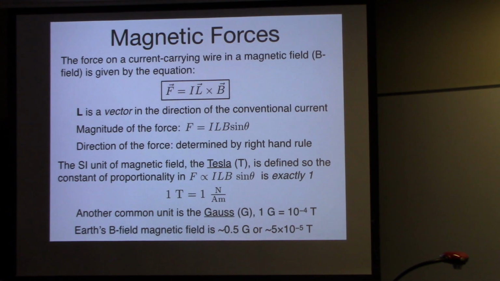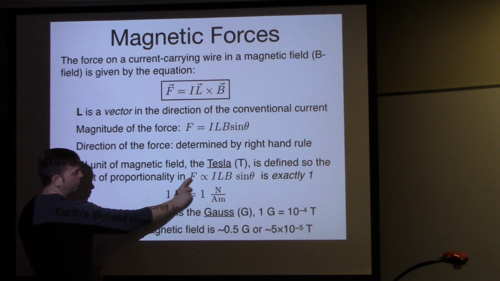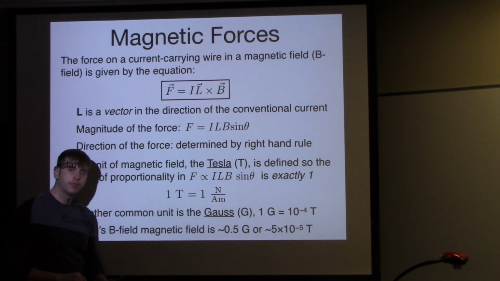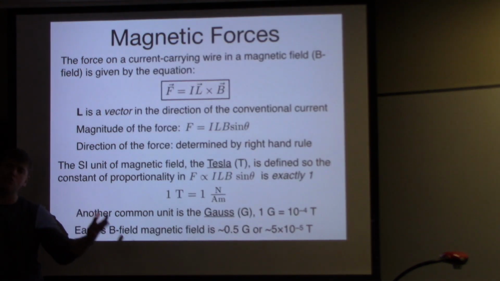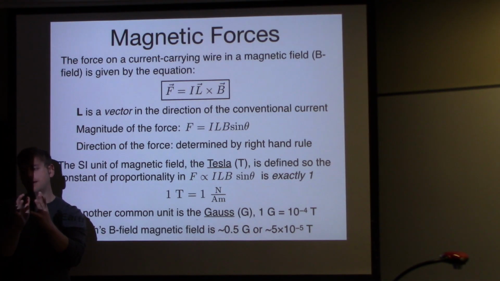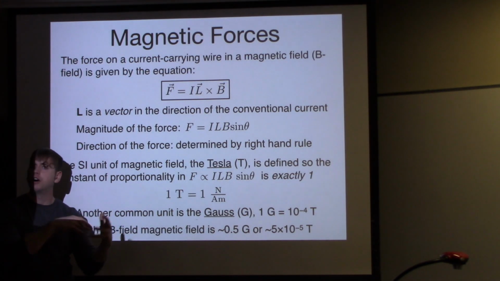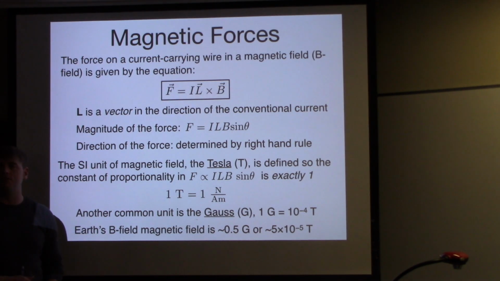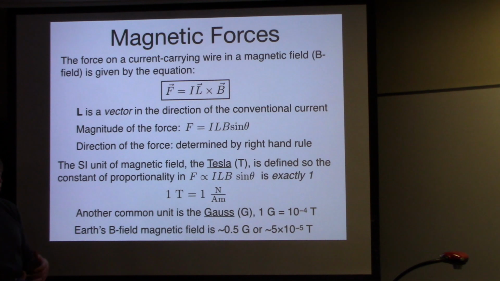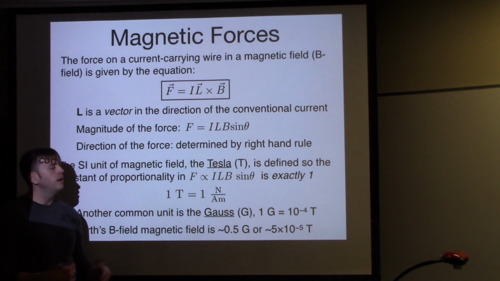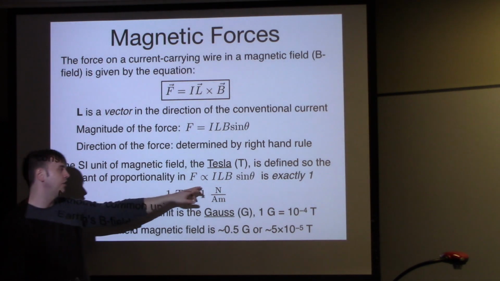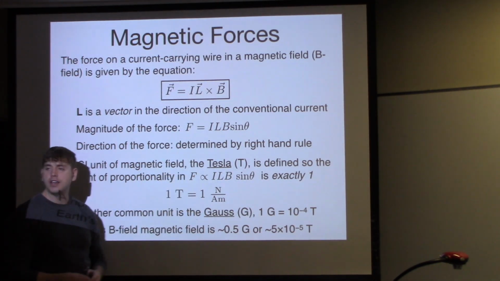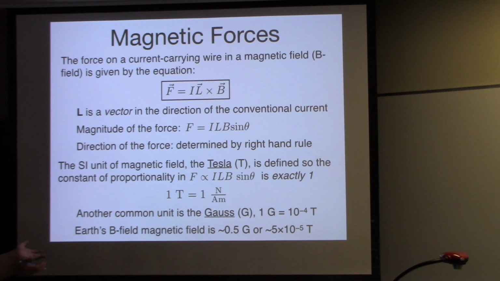Experimentally we know that the force is proportional to I, L, B, and sine theta. Whenever you have a proportionality, we know there's always a constant of proportionality involved. So the Tesla is defined in a clever way so that the constant of proportionality here is exactly equal to 1. We don't need to state that there's a constant out front, it's just 1.